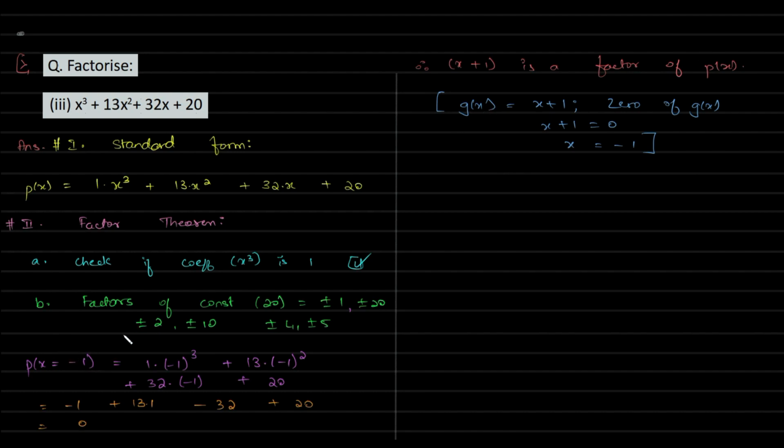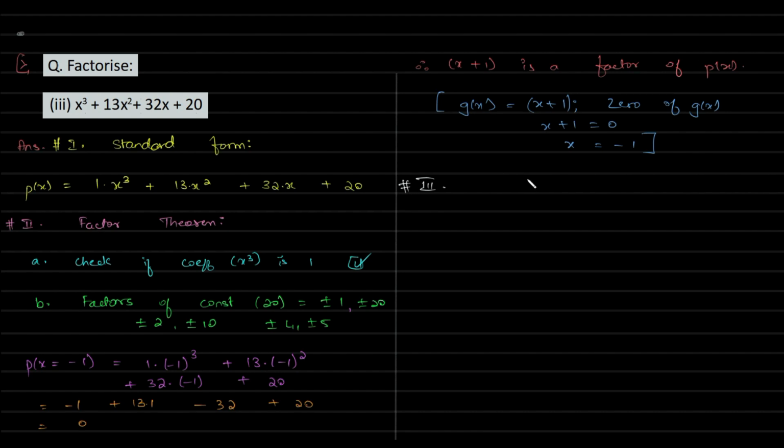As per the factor theorem, if a linear expression has the same 0 as the polynomial, then by default you have x plus 1 as a factor of p of x. Again, all this is repetition. You have to learn the basics and continue.